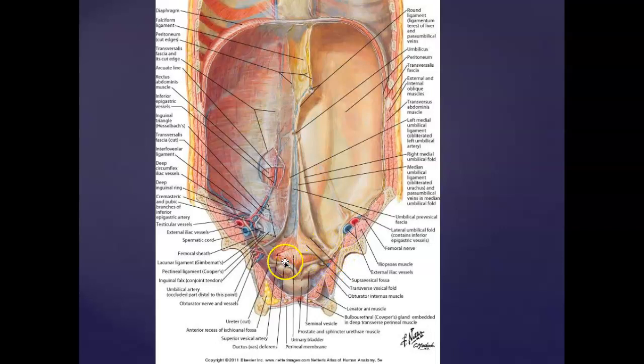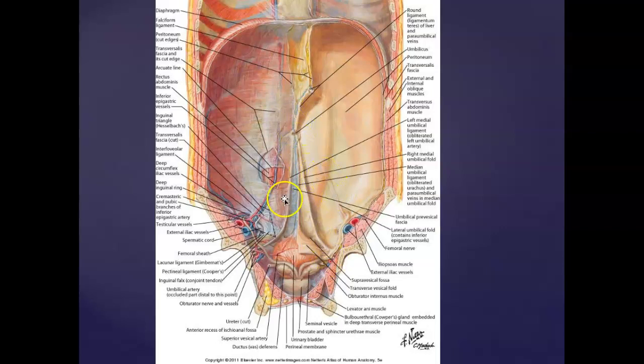You can see they're coming off of that, going into the bladder here. But then they continue as the umbilical artery, taking blood to the placenta from the fetus, going out the umbilicus for oxygenation. So again, these are remnants of the fetal circulation.